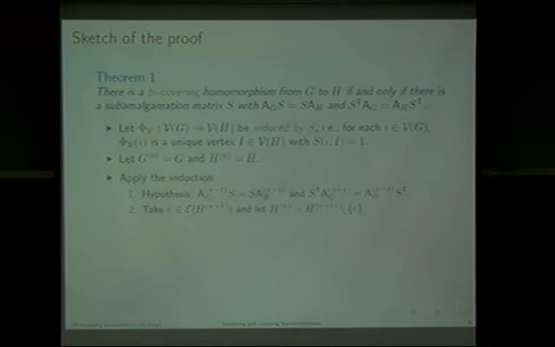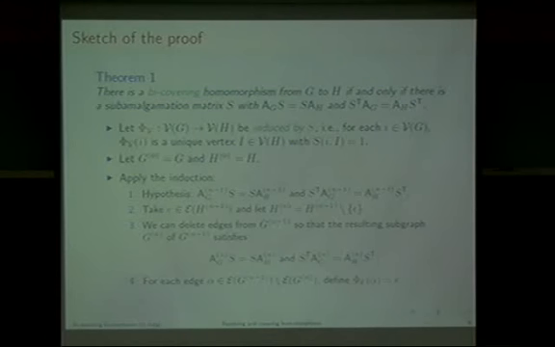So take an arbitrary edge from H_{n-1} and let H_n be the graph in which all other vertices and edges are exactly the same as H_{n-1} except one deleted edge H_e.